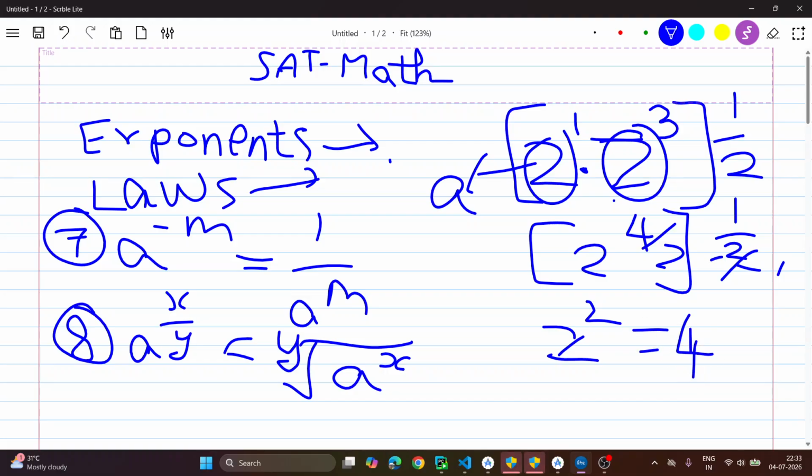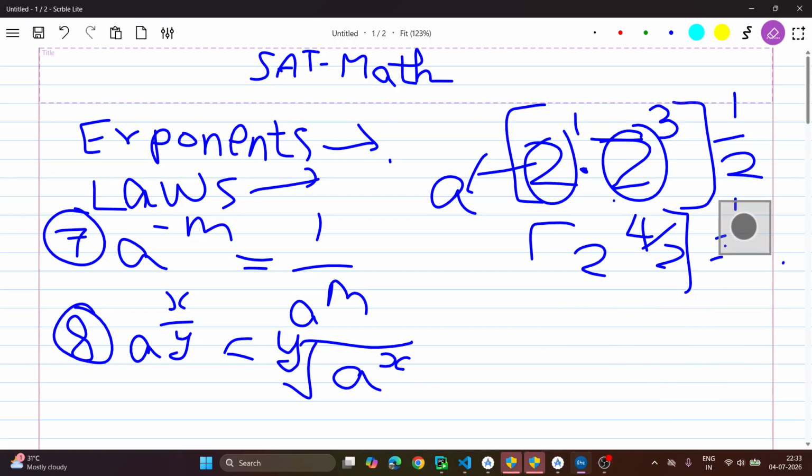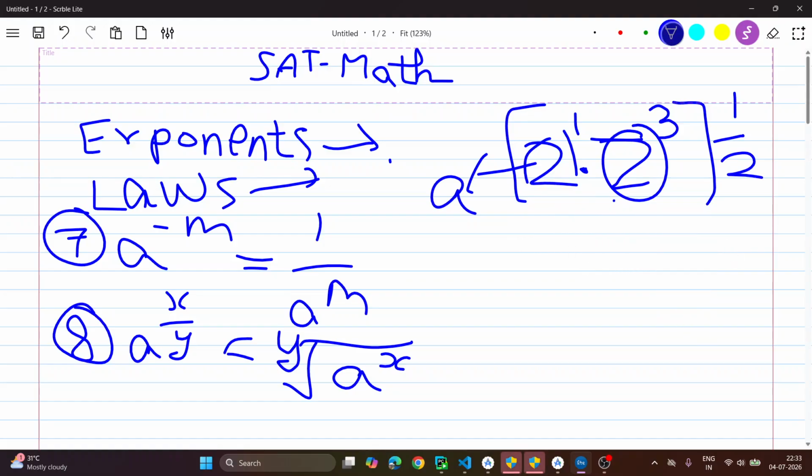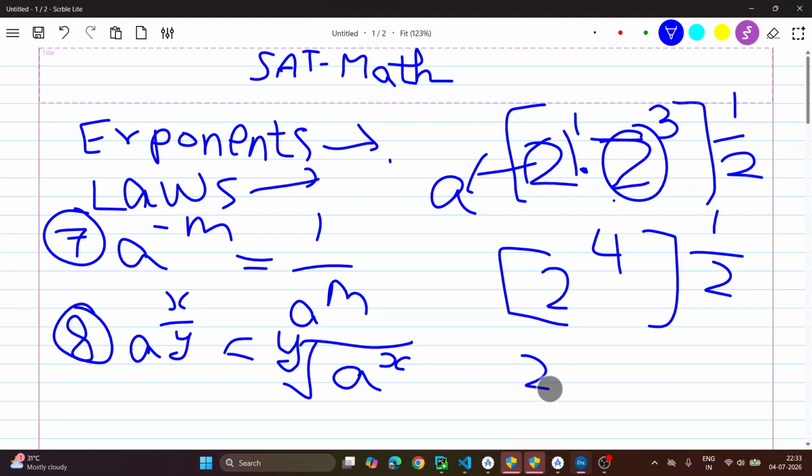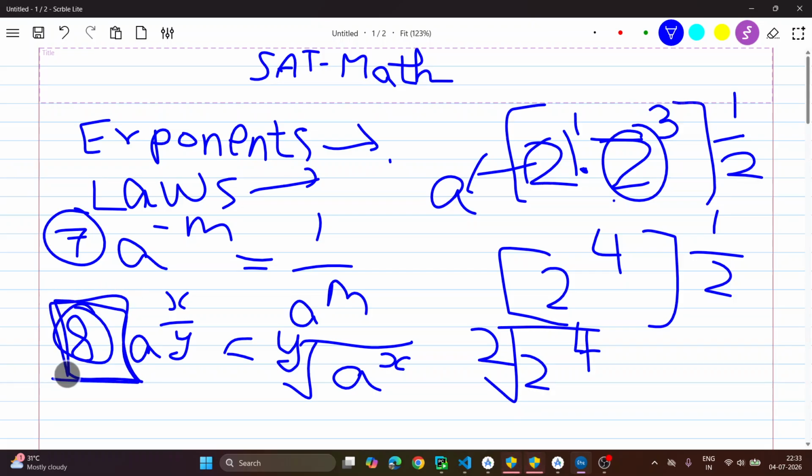And there's also another method you can take this question on. Let me just show it to you. So again, you write 2 power 4, to the power 1 by 2. But here you write 2 power 4 and you take the square root, like we're applying this identity.